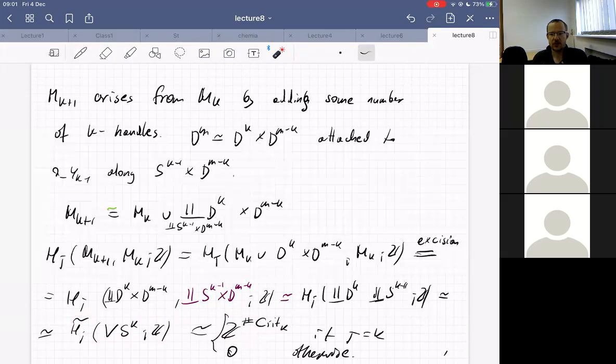Okay, so here is one subtlety in this isomorphism.